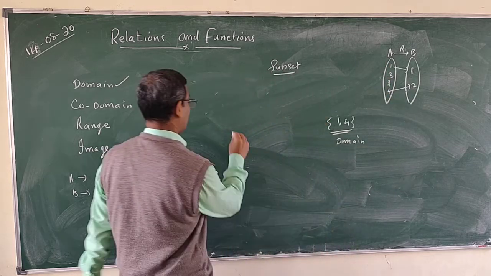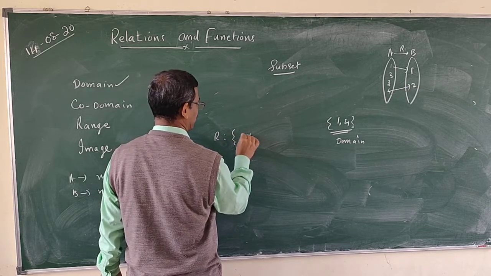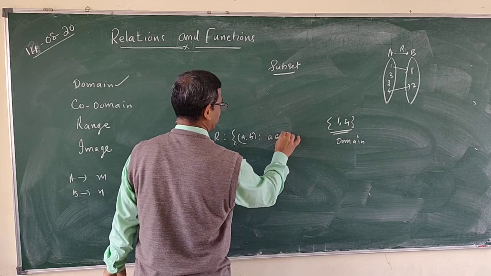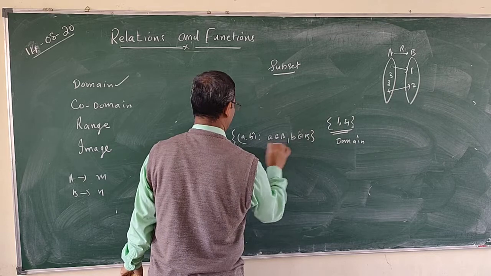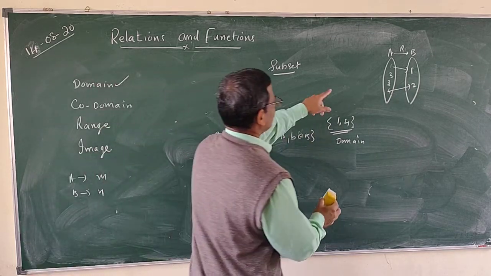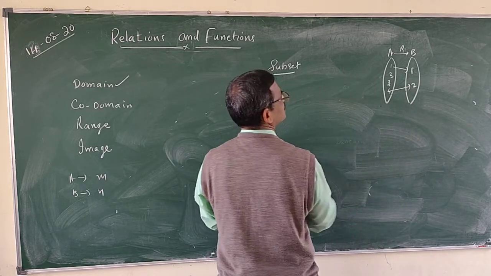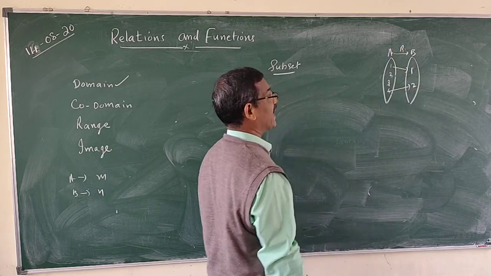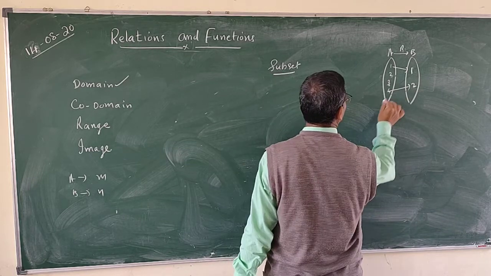When we have a relation, it is the set of all ordered pairs (a, b) such that a belongs to A and b belongs to B, and a and b are related in some way. Now, the domain of the relation is the set of points of A which are connected with the elements of B. So we call that the domain.